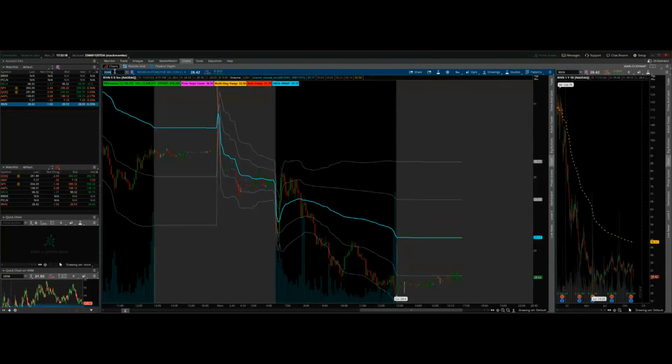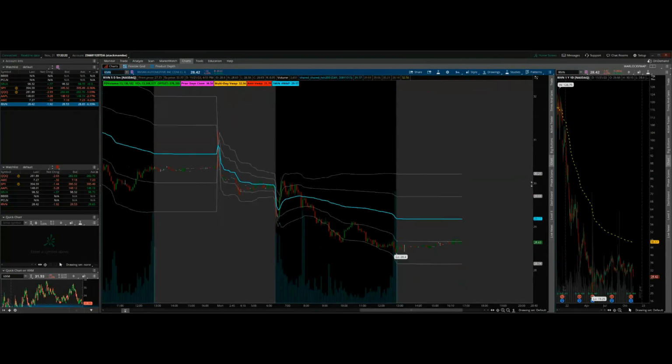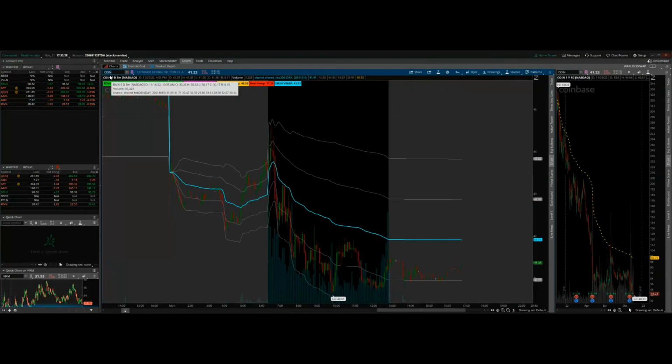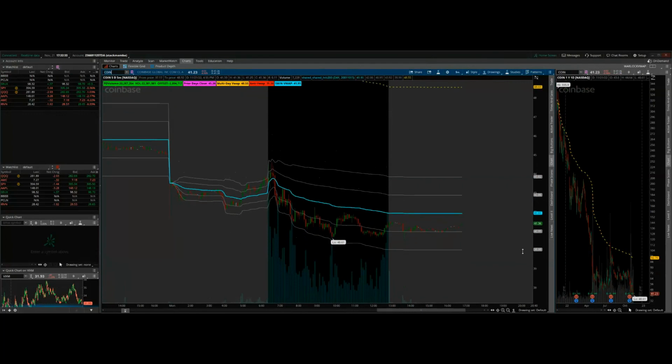So Rivian was a nice short today. Beautiful, beautiful short. All right, Coinbase. The gap and crap, so to speak. So let's say we were watching Coinbase.